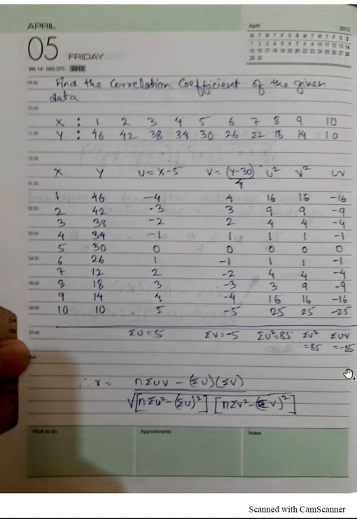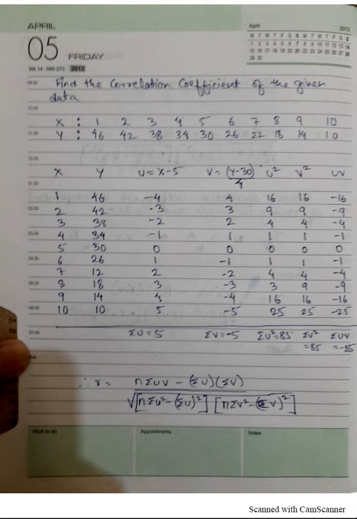So now we need to find out the correlation coefficient between x and y, which, by the rule of independence of change of origin and scale, will be equal to the correlation coefficient between u and v.